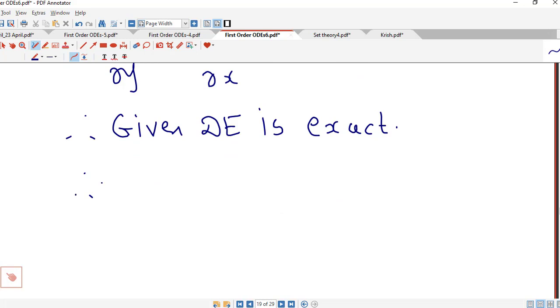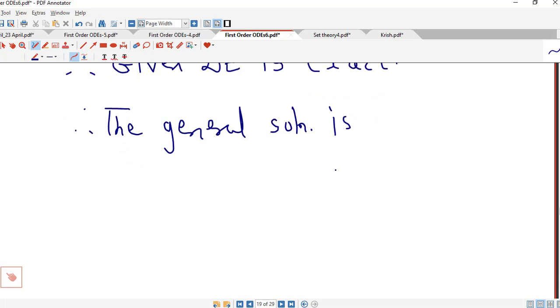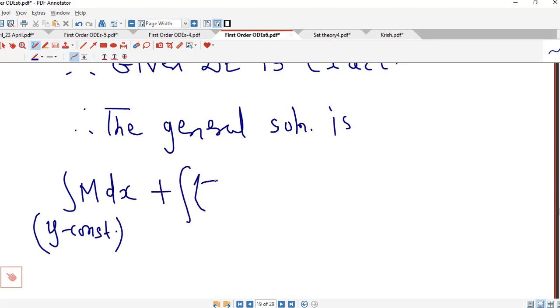Therefore we write the formula for general solution of exact differential equation. Therefore general solution is integral of M with respect to x, consider y as constant, plus consider those terms of N which do not contain x.